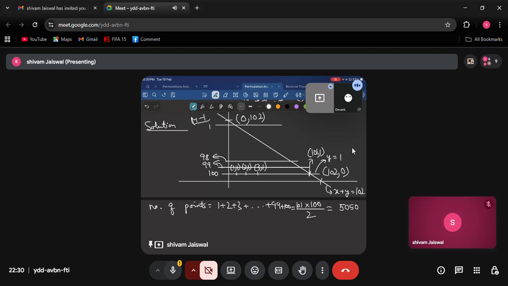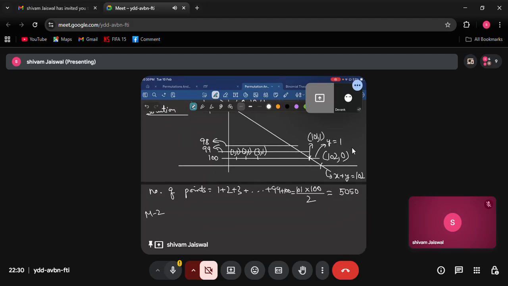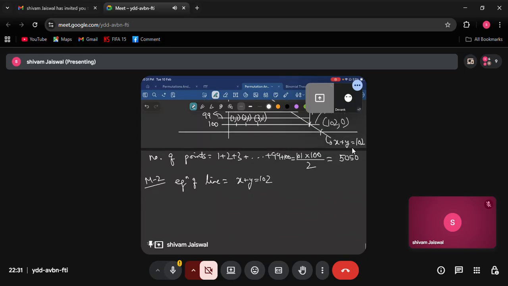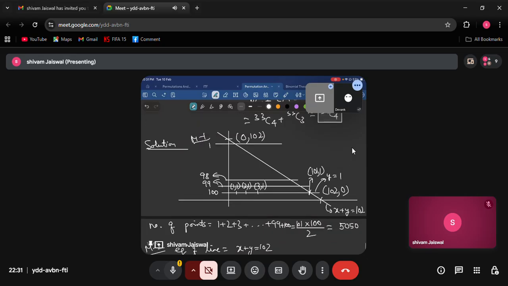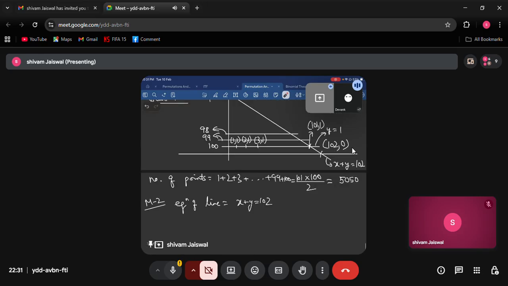This is method 1. Method 2: what is the equation of the given line? The equation of the line is x plus y equal to 102, right? To find the integral points which lie inside the triangle, try to understand the coordinates of those points. They will be given by the number of integral solutions.